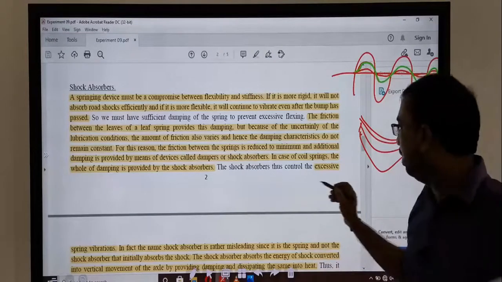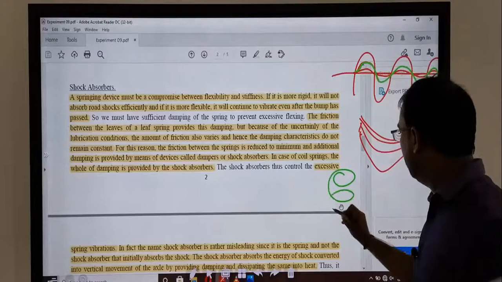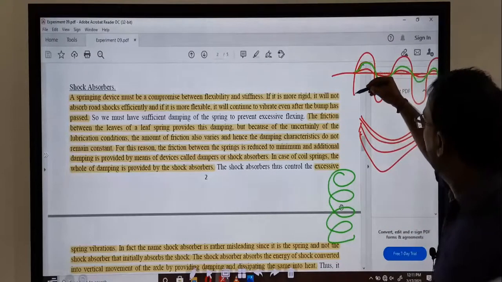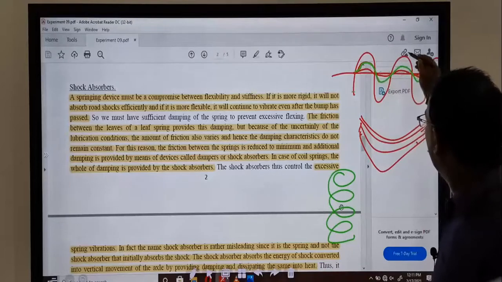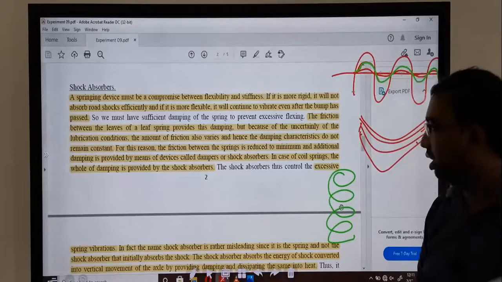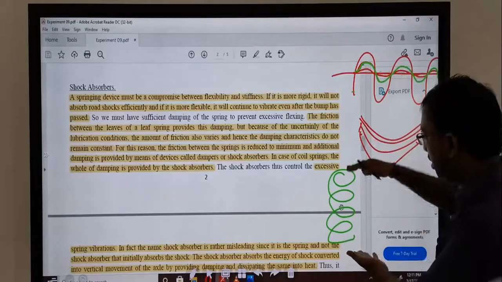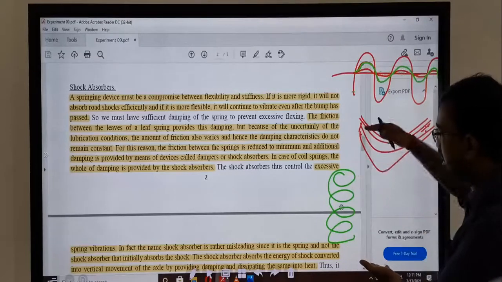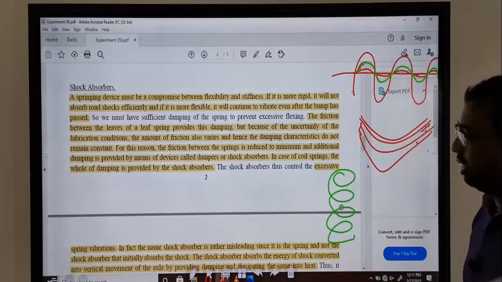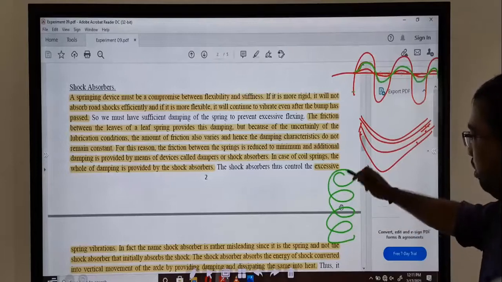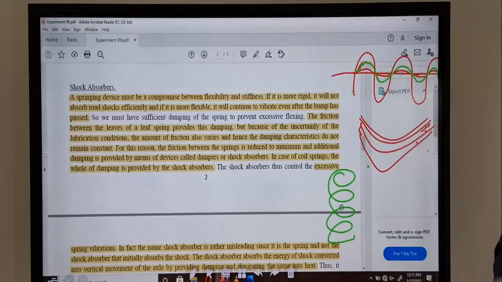In the coil spring, it is very flexible. It shows this amount of oscillation. So we have to reduce this oscillation; that is called damping. So here the shock absorber is used for this damping purpose.